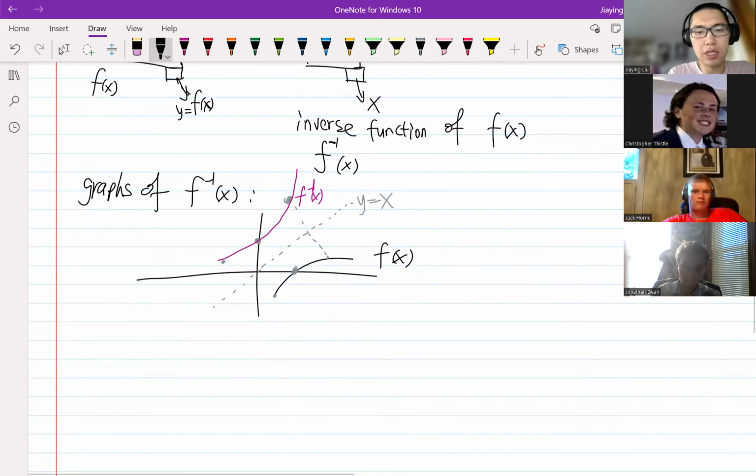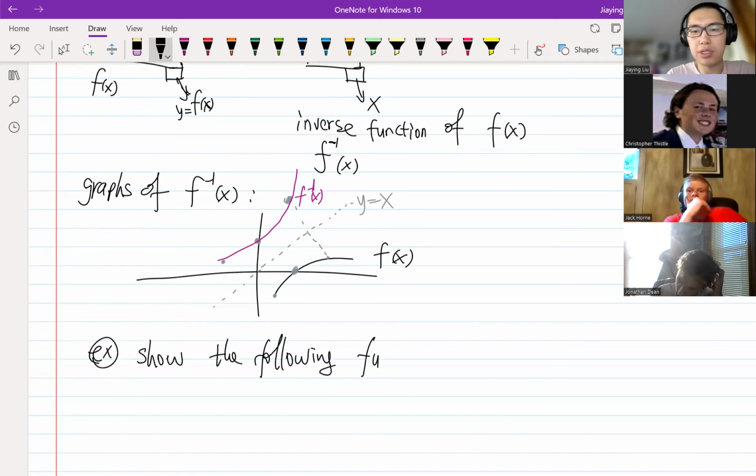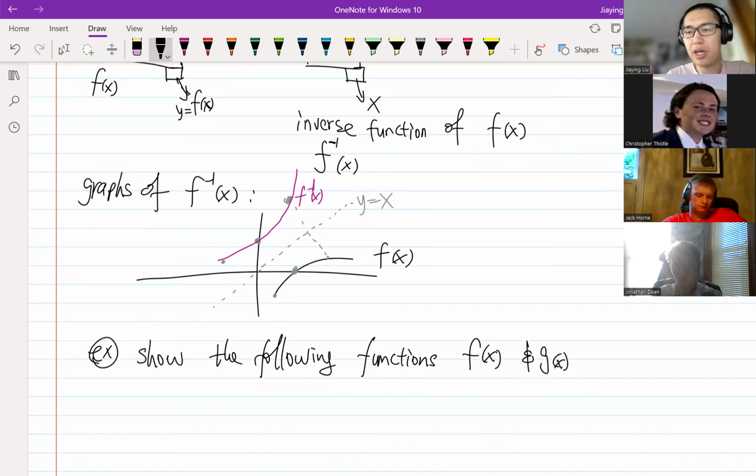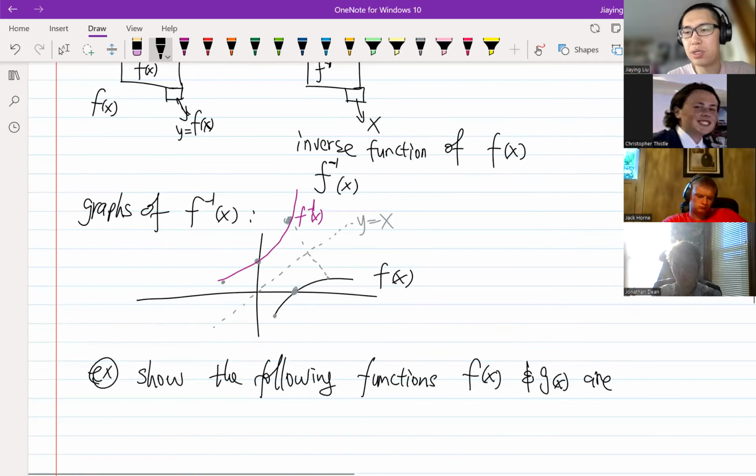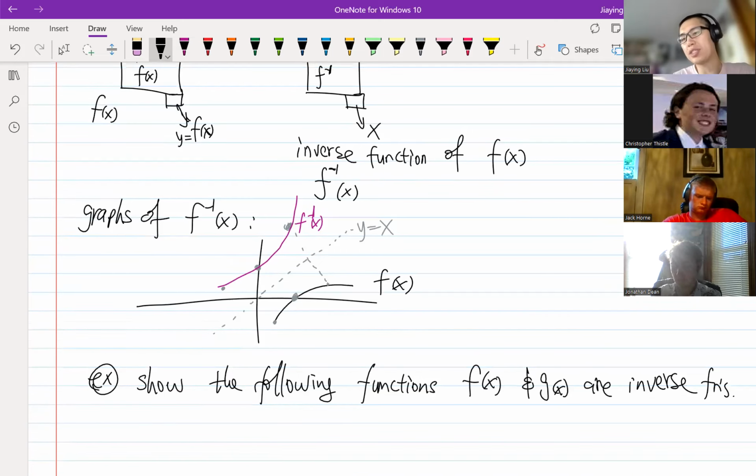So that's a graph. And let's begin with the first example. Show the following functions, f of x and g of x, are inverse functions, which means that we want to show that f of x is the inverse of g of x, and g of x is also the inverse function of f of x.